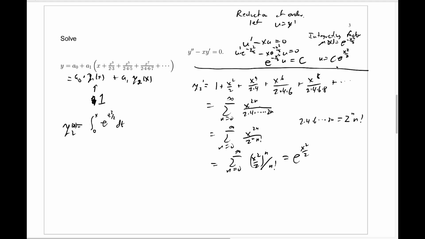Well, what do we do with that? Remember, u is just y prime, thus y has to be an integral. I'll say c times the integral of e to the x squared over 2.